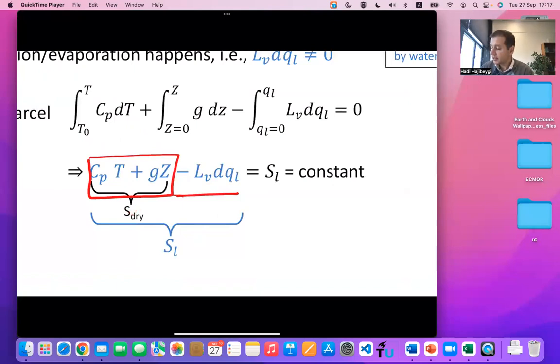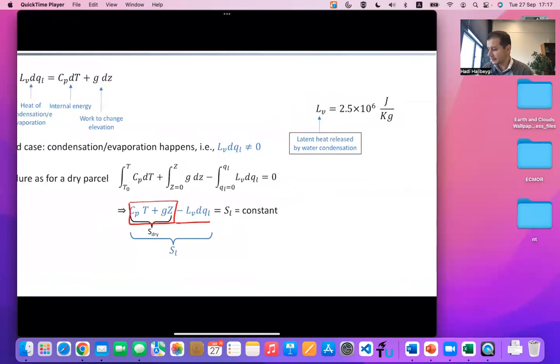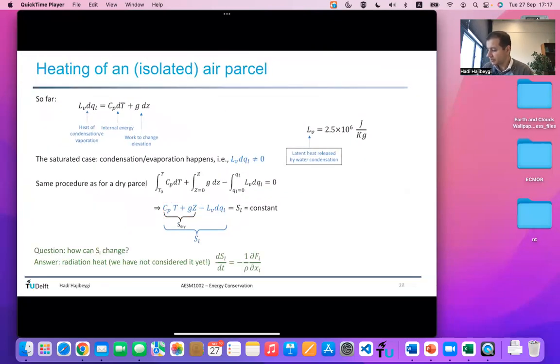In that case, Lv dq is 0, and S dry would be constant. When we have the saturated case in which condensation or evaporation takes place, then SL would be constant. So that's also something that we have introduced as terms that would make it simple for us to understand the process.